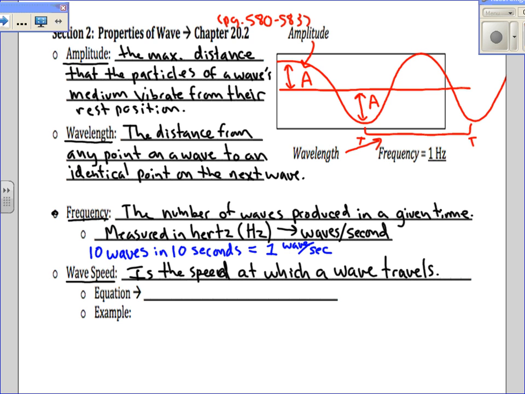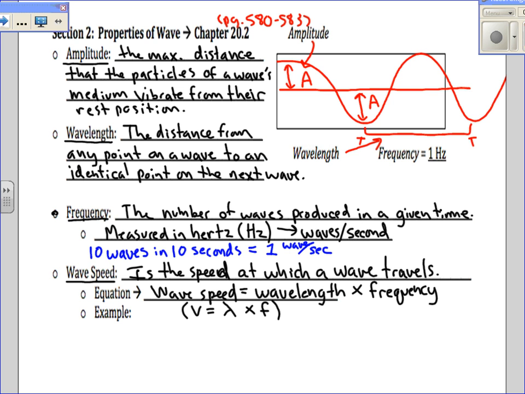The equation for wave speed is wave speed equals wavelength times frequency. In the textbook, you can see that there are different letters and symbols. In this case, we'll write this as v equals lambda, the wavelength, times f, the frequency in hertz.